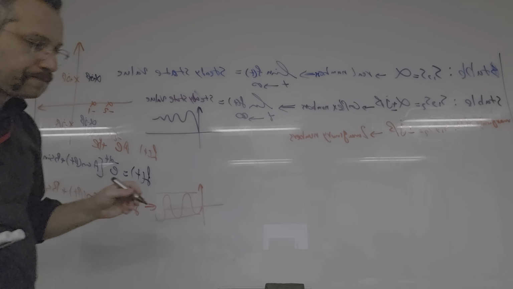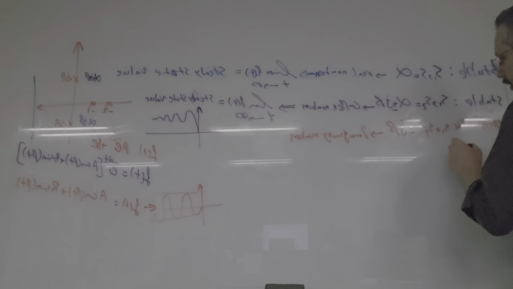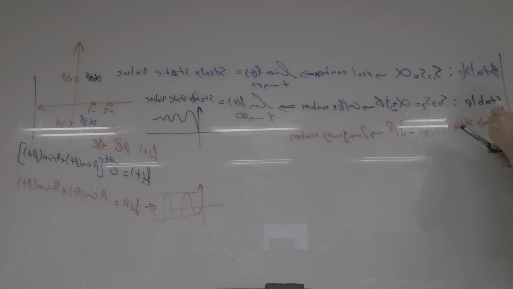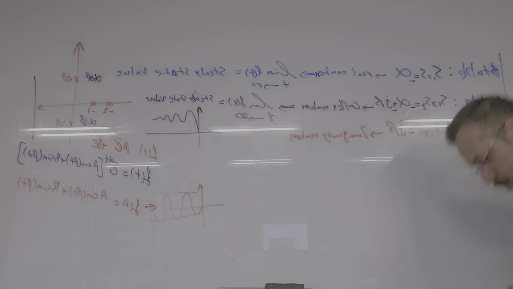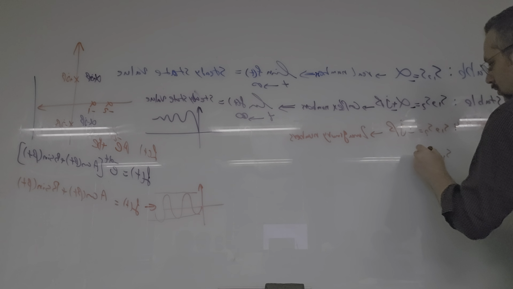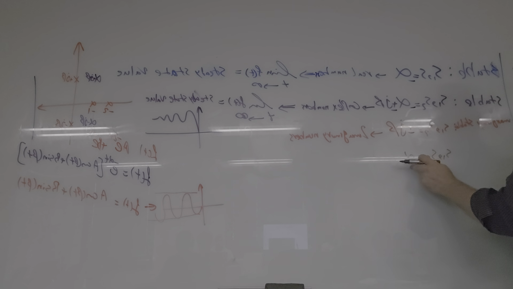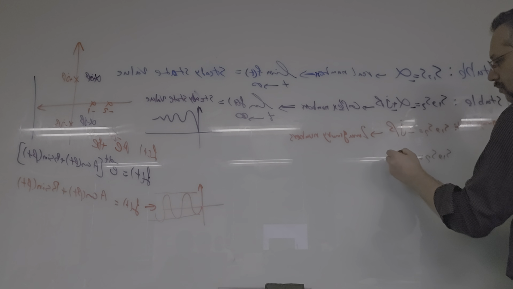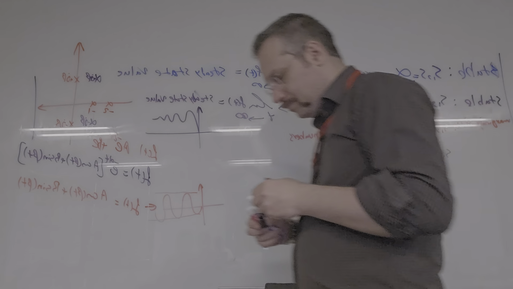Are we good? Now, let me ask you another question. What would happen if our S1, let me put a minus here, that's a better representation, what would happen if our S1 and S2 would have a positive real number plus or minus imaginary?